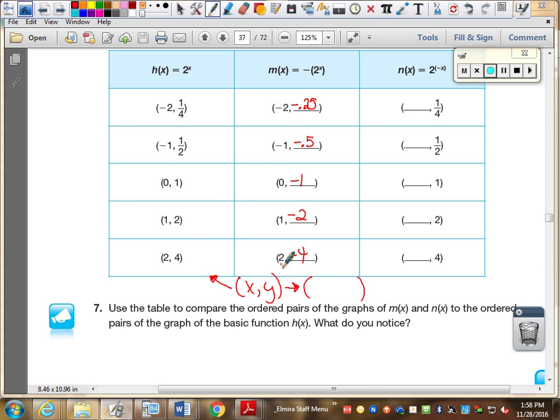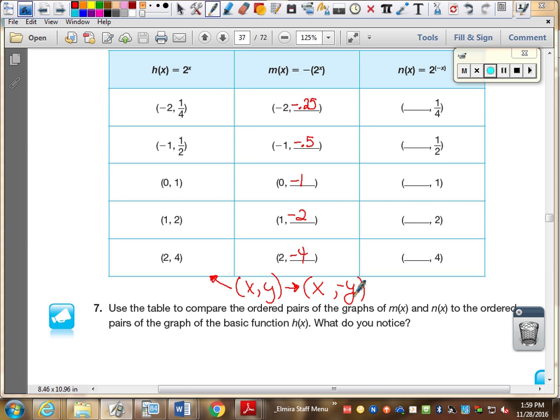Well, the x values all stayed the same, -2, -1, 0, 1, and 2. So x stays the same. But the y value goes from a 4 to a -4, 2 to -2, 1 to -1. So the y is negated. Same x and opposite sign of y.